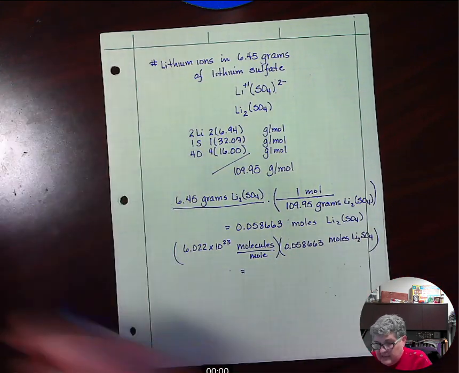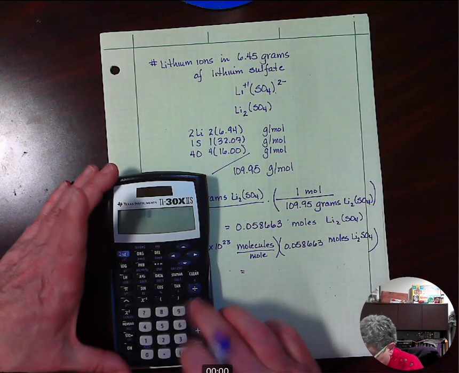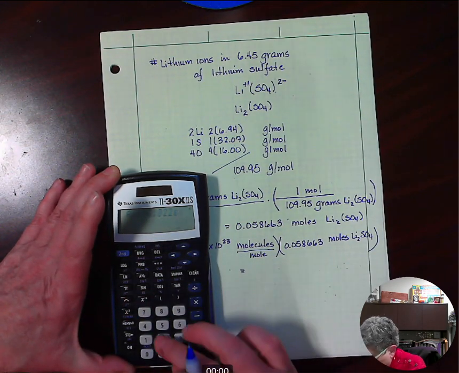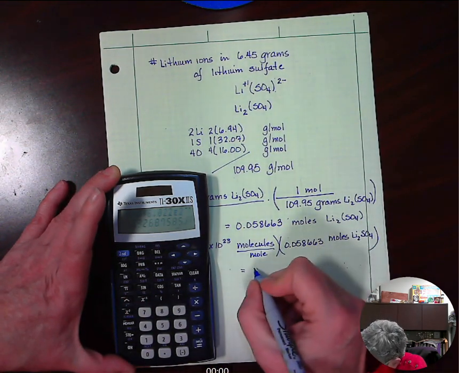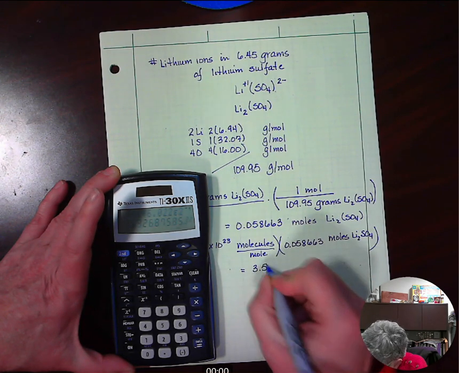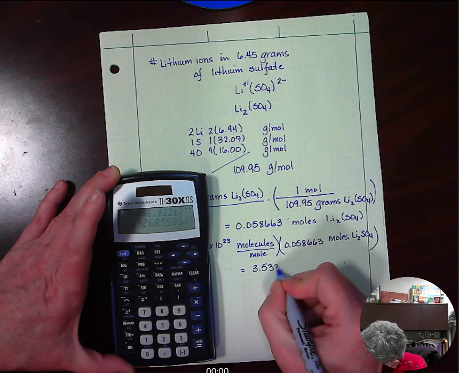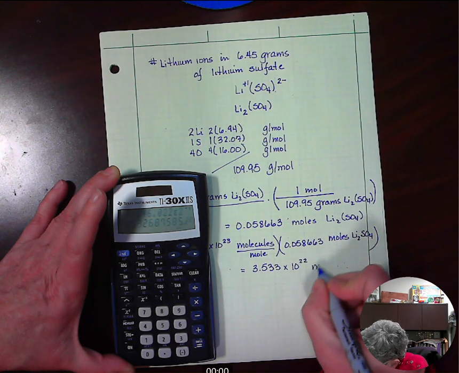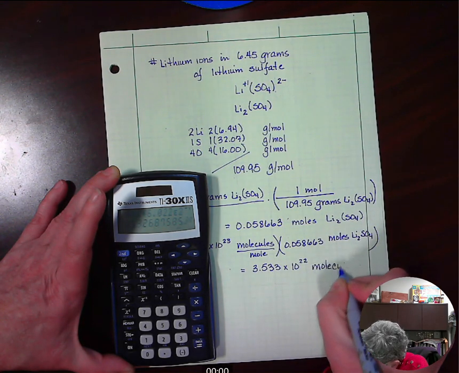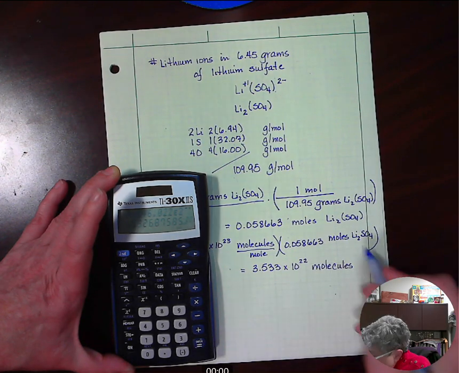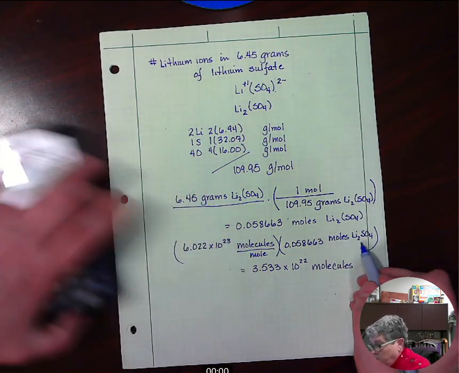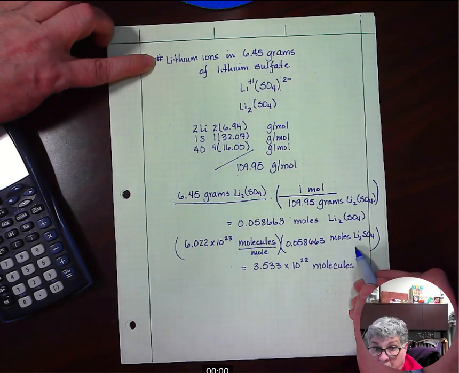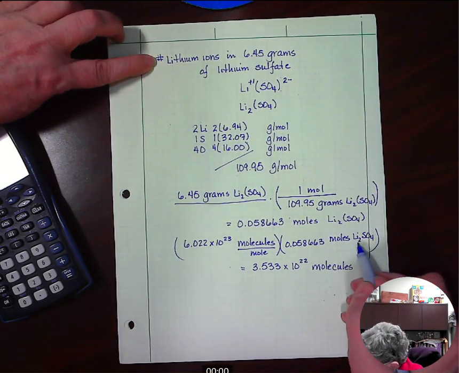And that's going to give me, I now have 3.533 times 10 to the 22nd molecules. But there are 2 lithium ions for every one molecule, because that's what that says.